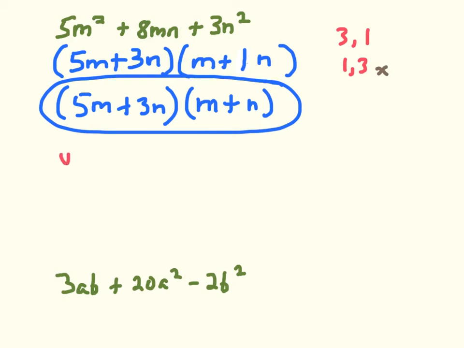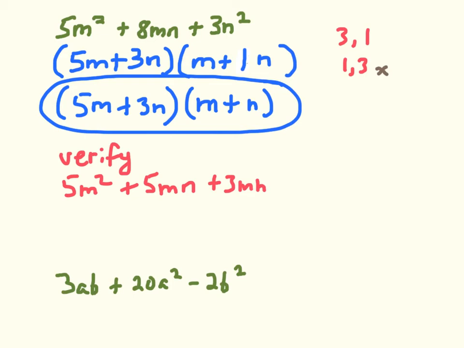again, this is an unnecessary step, but just to show you that this works, if I go 5m times m, that's 5m squared, and if I go 5m times n, that's plus 5mn, and then if I go 3n times m, that's plus 3mn, and then I do 3n times n, plus 3n squared.